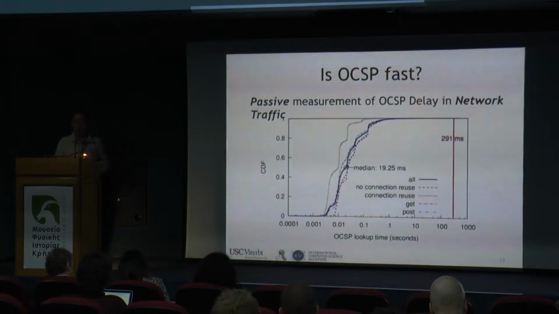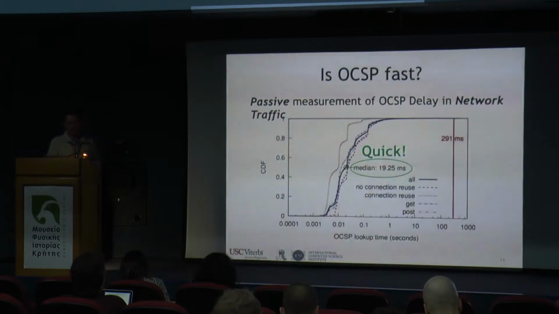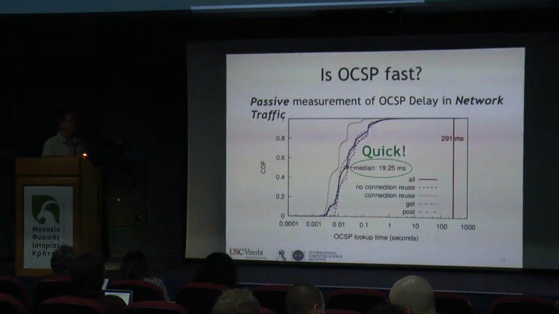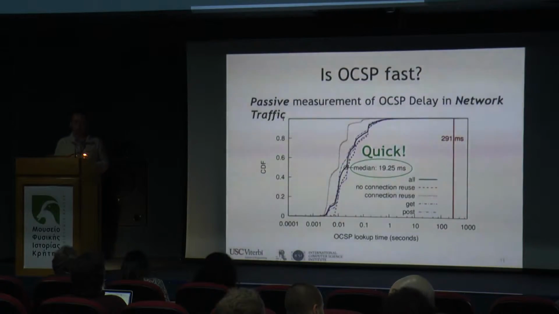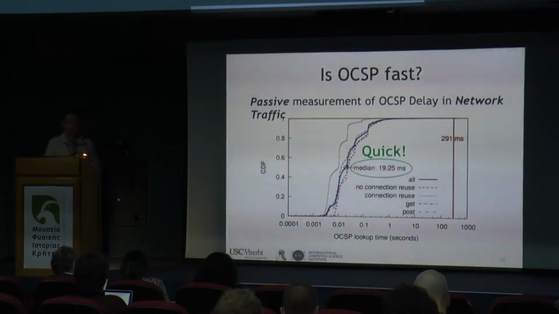The previous work shows the OCSP latency is quite slow. However, from our passive measurement, we see that the OCSP lookup is actually quite fast now, and the median latency is about 20 milliseconds, so it's quite good.